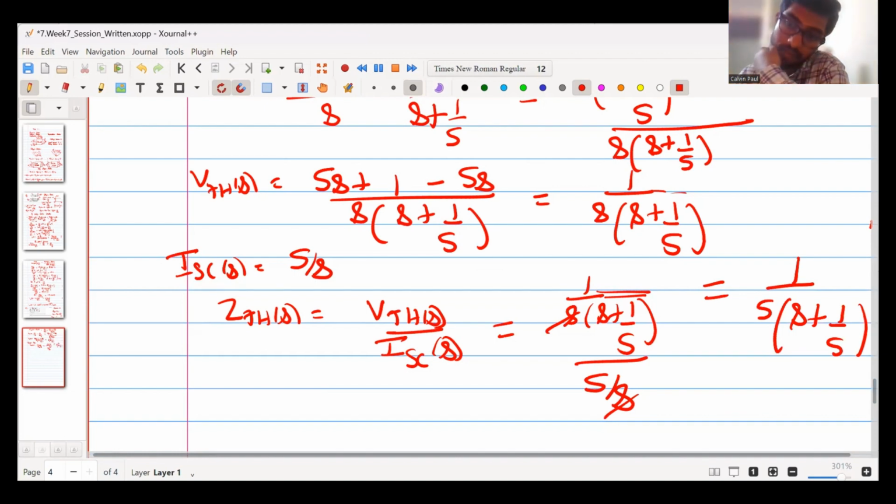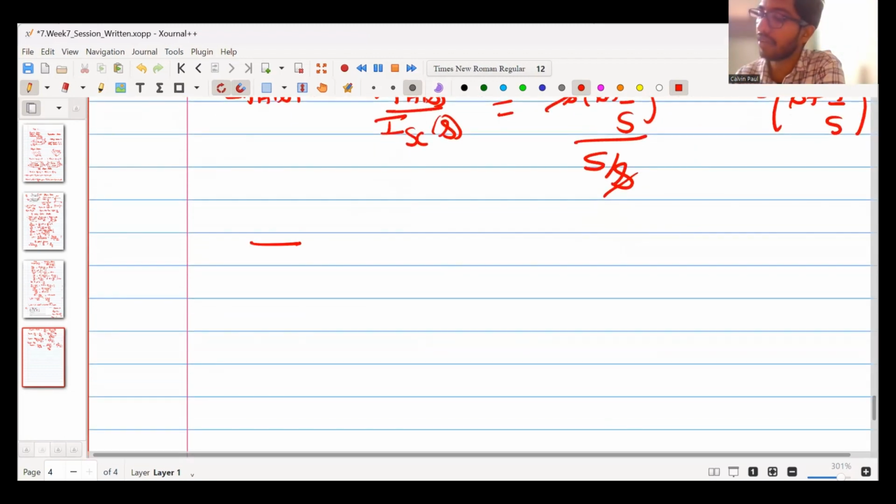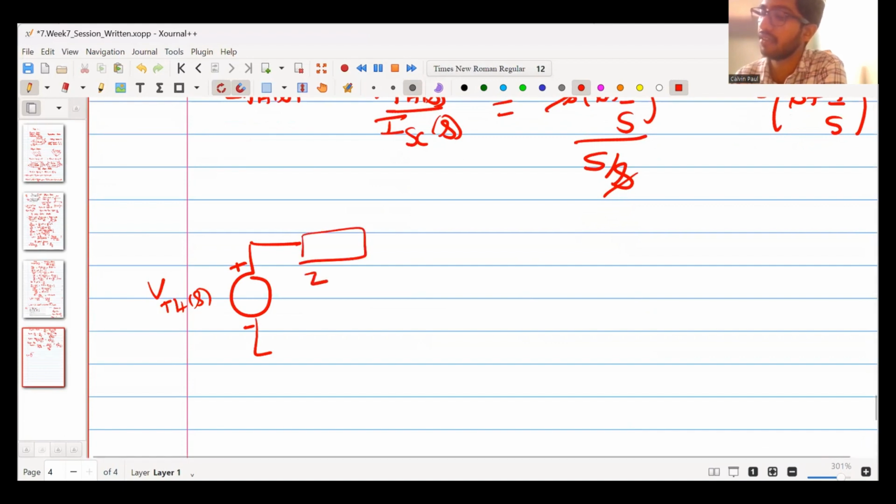Now we know by Thevenin's theorem, we have our VTH of S, then we have our ZTH of S, then we have our Z load, which is equal to how much?